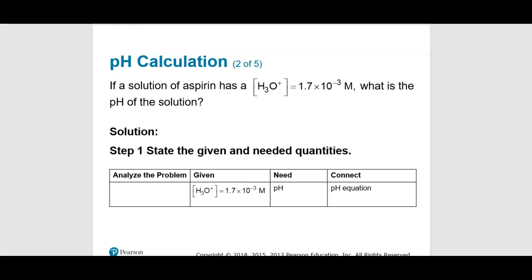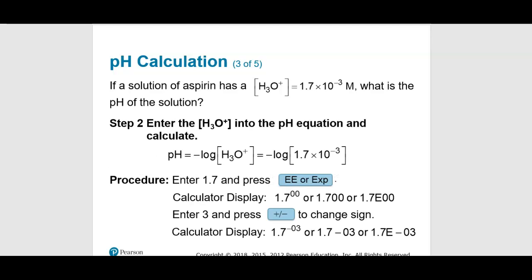The pH is the negative logarithm of the hydrogen ion concentration. So all you do is input the hydrogen ion concentration, 1.7 times 10 to the minus 3, take the logarithm of it, and make it negative.